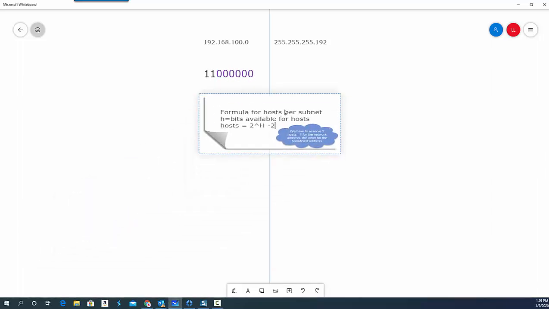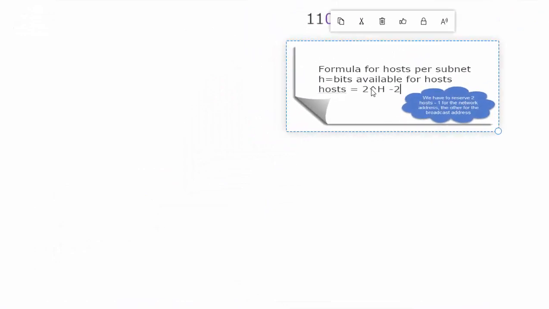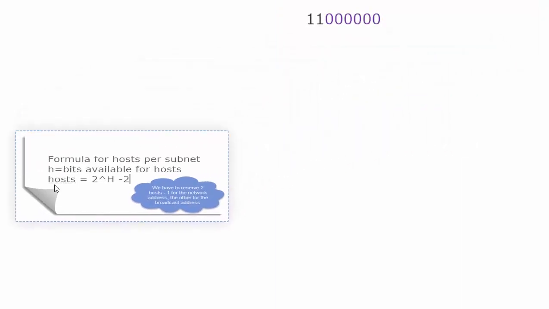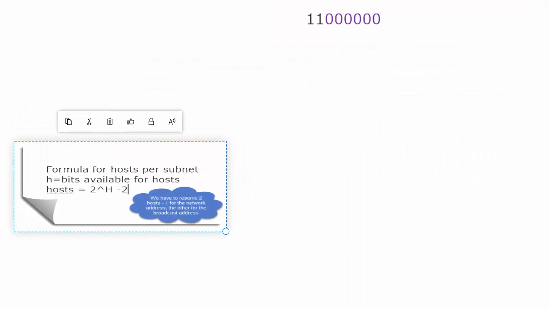And the formula for hosts is 2 to the h minus 2. Okay, so h is the number of bits that we're using for hosts. In this case, it will be 6. And then we have to subtract 2 from our total available number. We'll talk about that more in a second. So the formula for this particular equation would be 2 to the 6 minus 2.